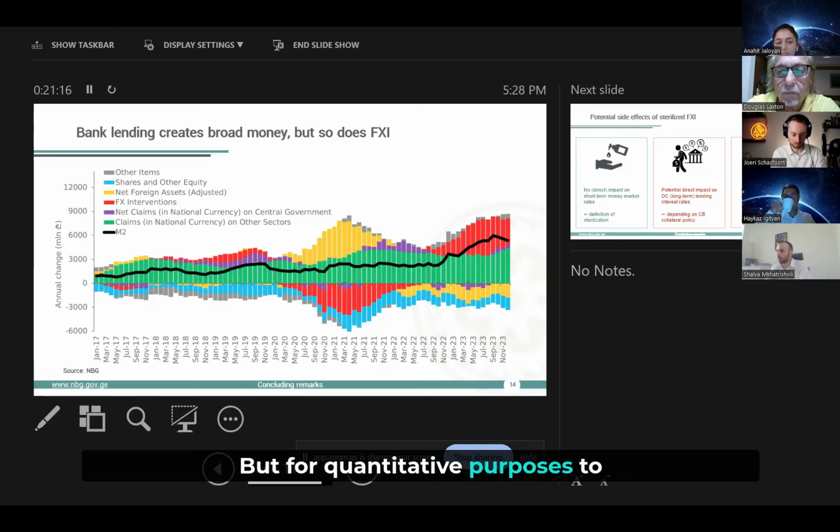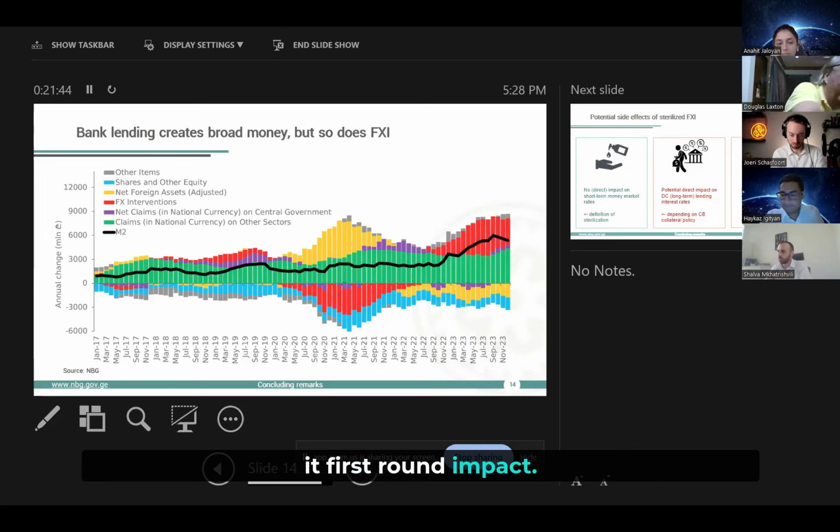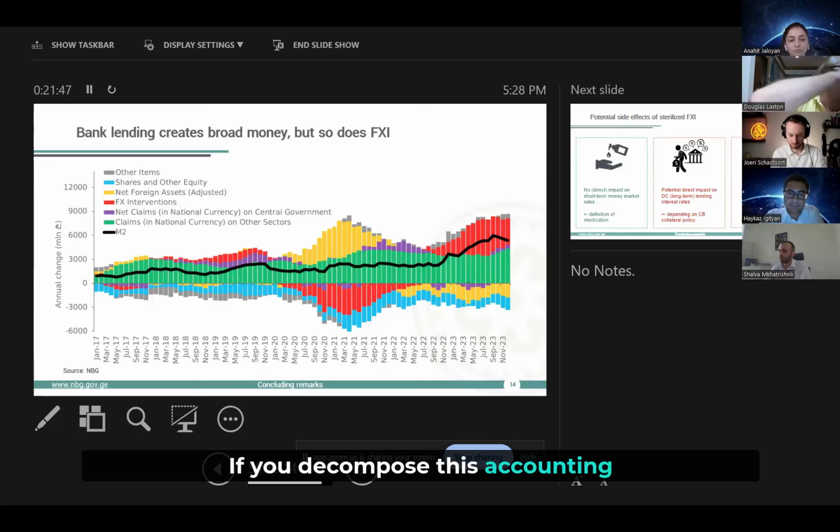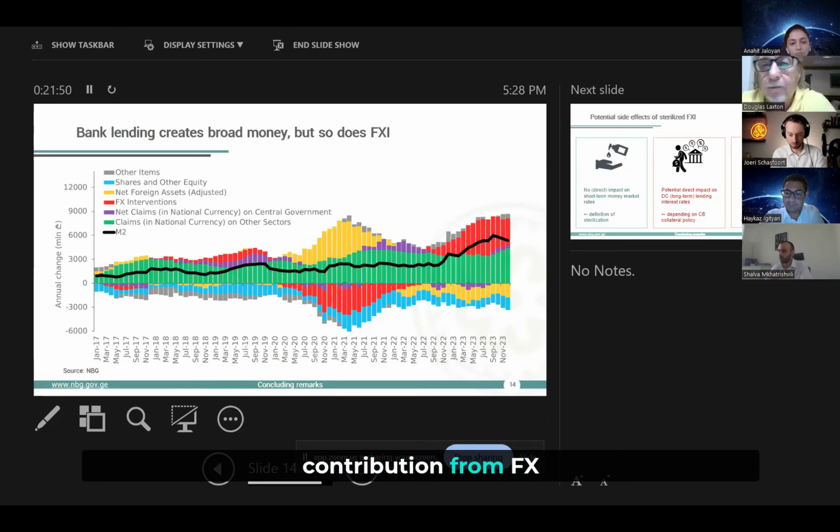But for quantitative purposes, to see whether FX interventions have been important or not, it's useful to look at other driving forces. In this case, these red bars show the impact of FX interventions, a first-round or mechanical impact. Of course, in general equilibrium, the final impact can be different, but this is an accounting-based, mechanical decomposition. If you decompose these balance sheets, you see the pressures on broad money aggregates from FX interventions.